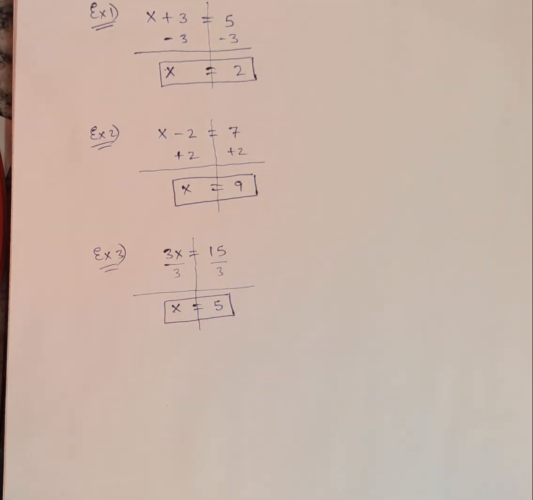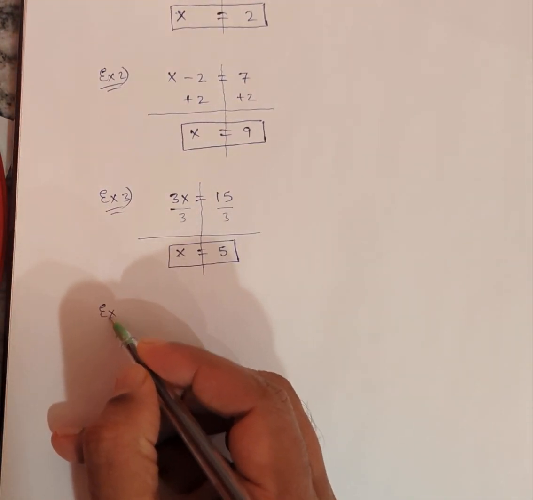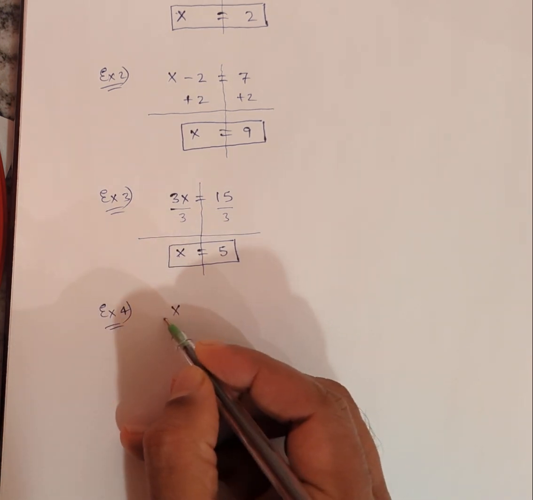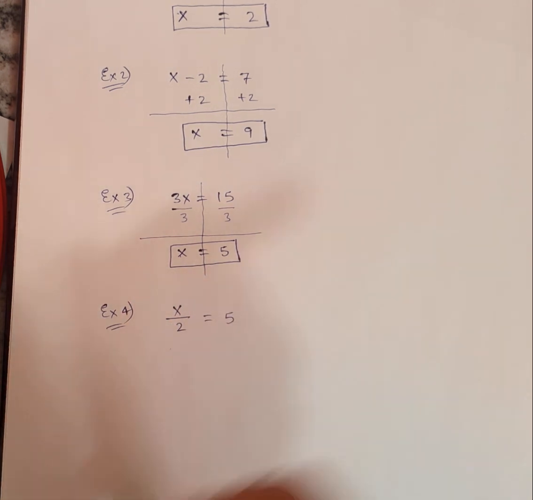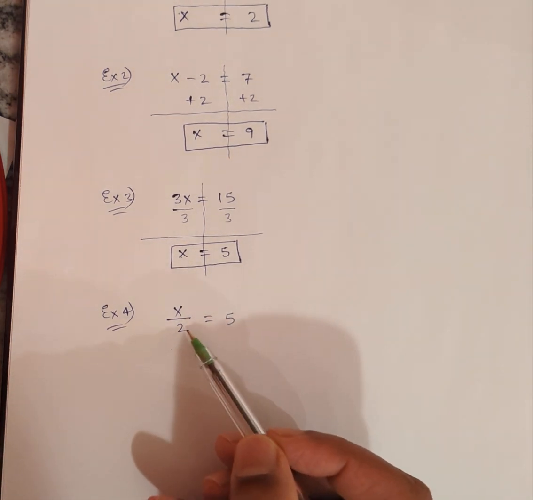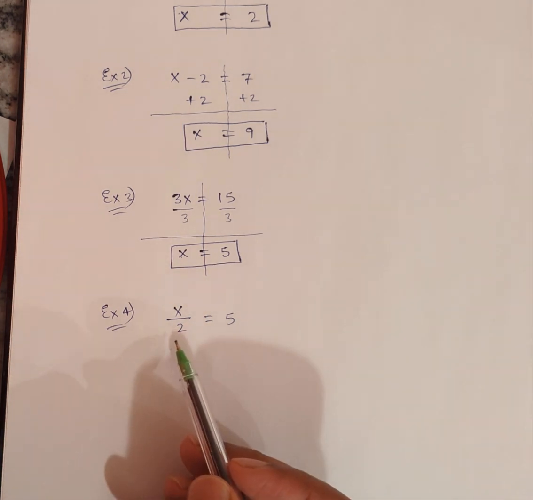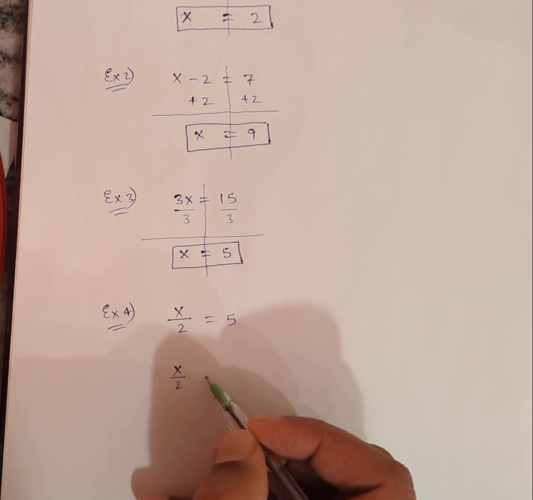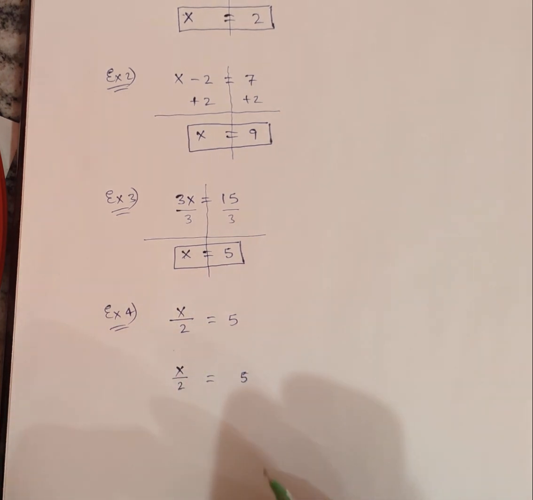So just one step. Now let's look at one more example. Say I have x divided by 2 equals 5. So how do I get rid of the 2? Now the 2 is being divided, which means in order to get rid of that, I need to multiply both sides by 2, because the inverse of division is multiplication.